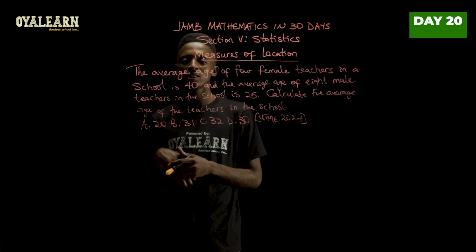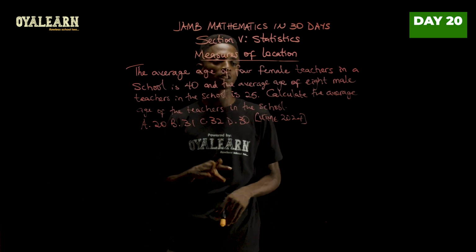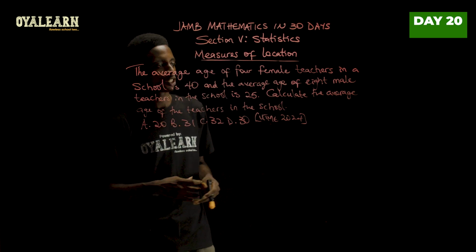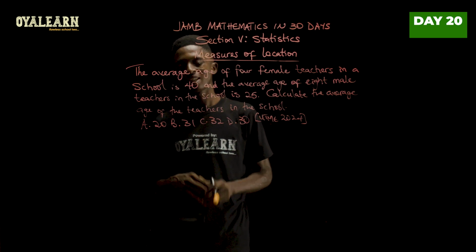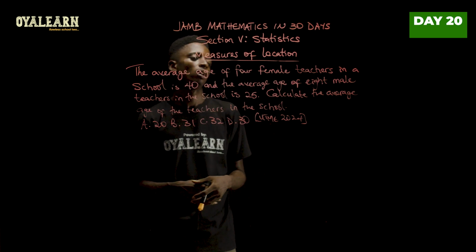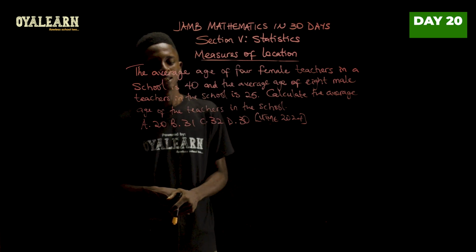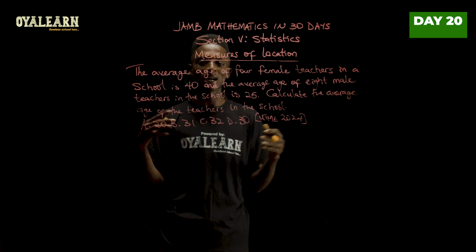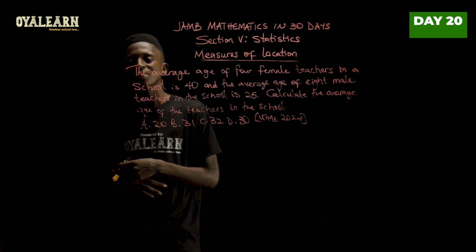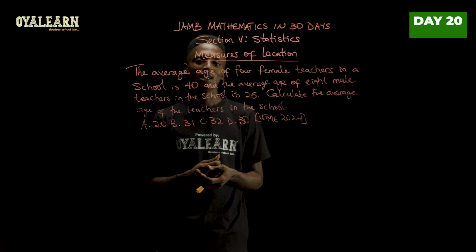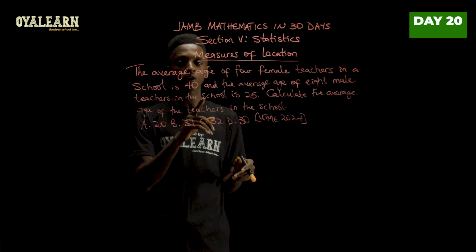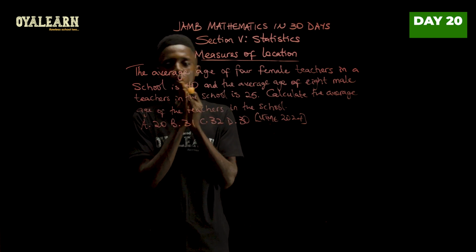This question says the average age of 4 female teachers in a school is 40, and the average age of 8 male teachers in the school is 25. So now we have to calculate the average age of the teachers in the school. That is, when we add the ages of the male teachers and the female teachers together, we'll have 8 male teachers plus 4 female teachers to give us 12 teachers in total.